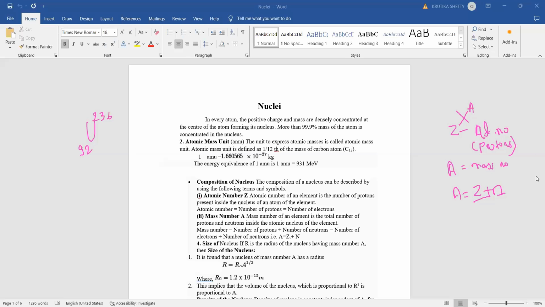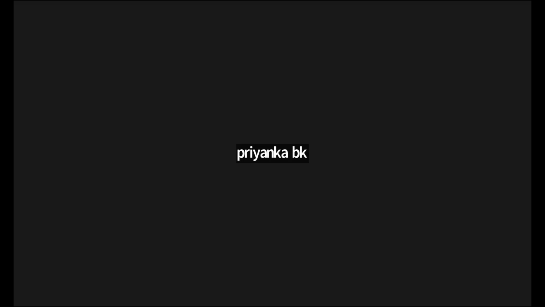So what do you mean by isotopes, and what are the examples for the isotopes?